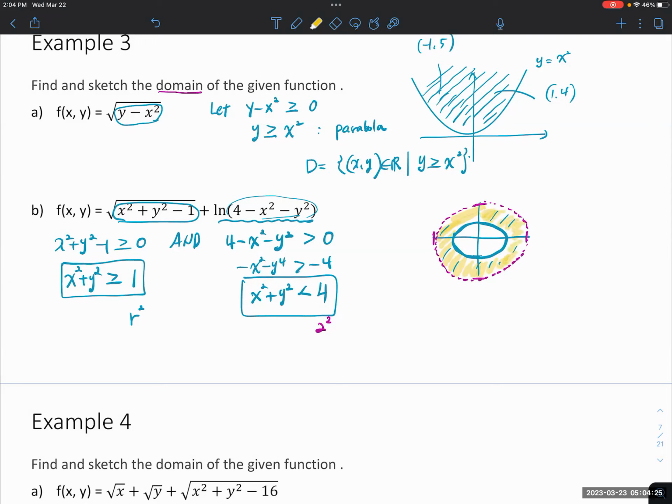So the domain is going to be whatever coordinate points are in between the 2 circles. How are we going to write it? The domain will be the x and y coordinate points such that x squared plus y squared is between, greater than or equal to 1 and less than 4. That's the domain.